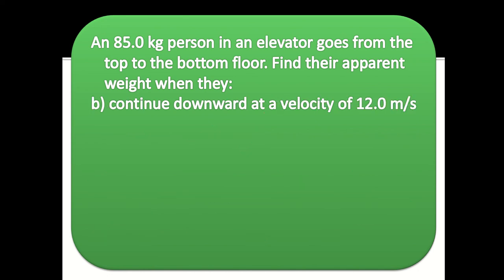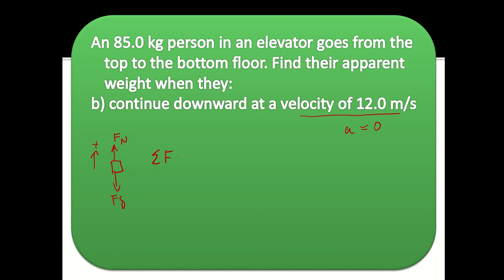So part B, the person continues to go downward at a velocity of 12 meters per second. Now in this case, the acceleration is going to be 0. If you draw a free body diagram, let's make the positive to be up. So this is our normal force, Fg.